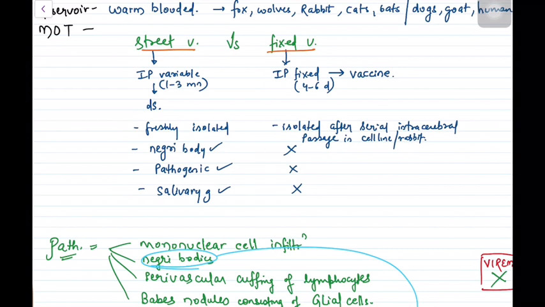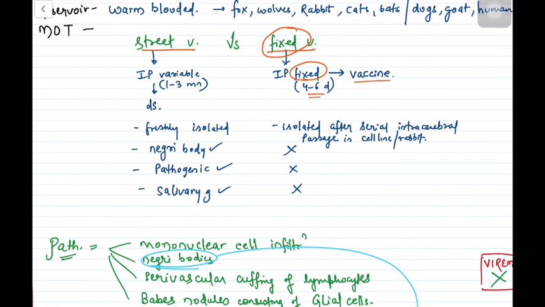Now the street virus is the one which is freshly isolated, while fixed virus is what we isolate after we have done many intracerebral inoculations into the cell line or rabbit. A simple way to remember is this fixed virus has a fixed incubation period of 4 to 6 days.